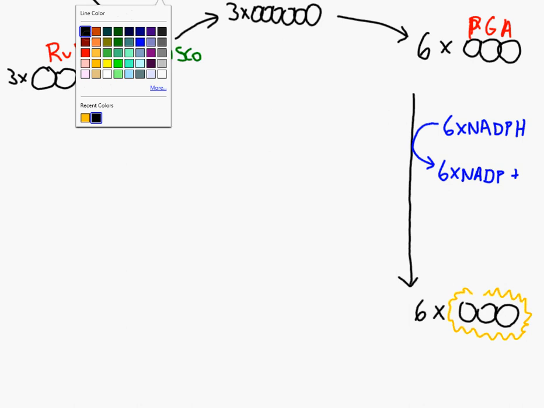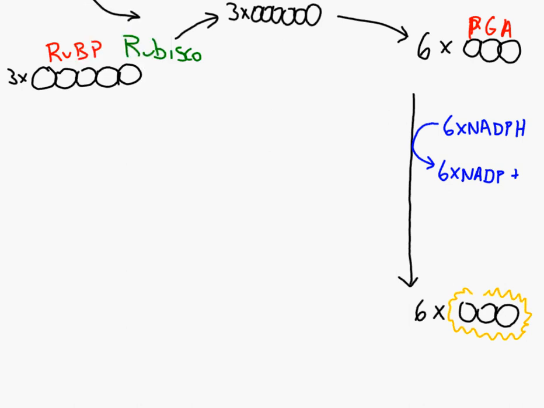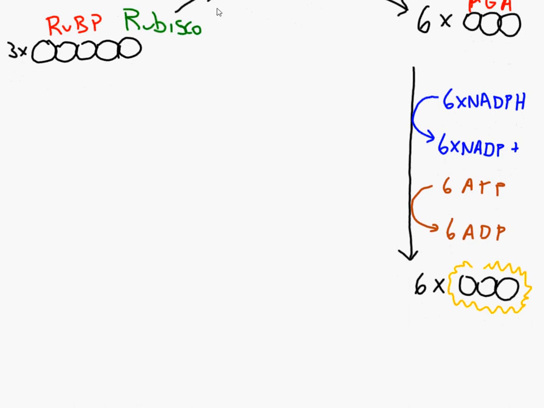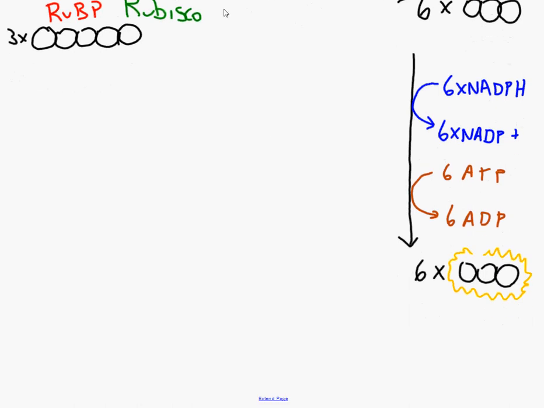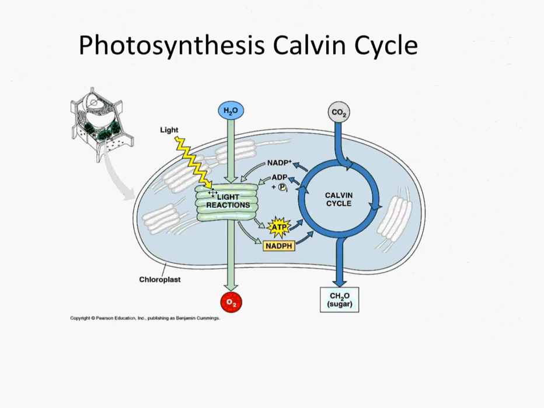What next? Well, we have 6 ATPs, and each one of those 6 ATPs is going to phosphorylate a PGA molecule, giving a phosphate to it, turning those into ADPs, and those are headed back to get some more phosphates from the light-dependent reaction. Remember the cycle here. These molecules are just circling in and out.